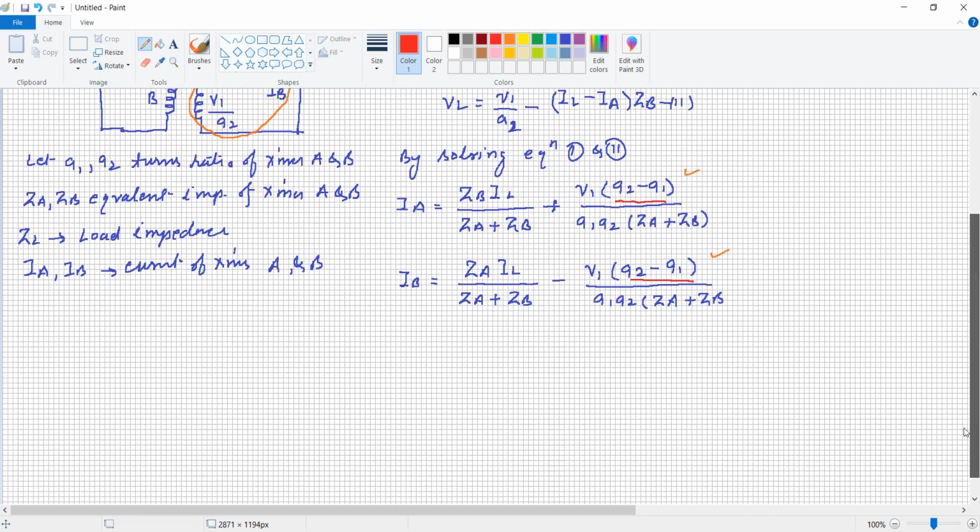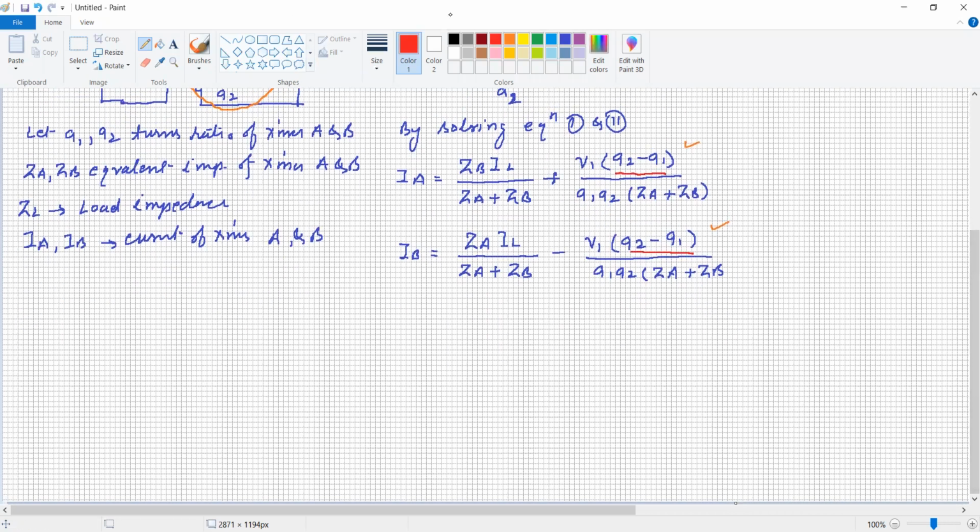Okay. So now the second condition we can write as equal ratio. If the ratios are equal, what happens? That is, A1 is equal to A2.